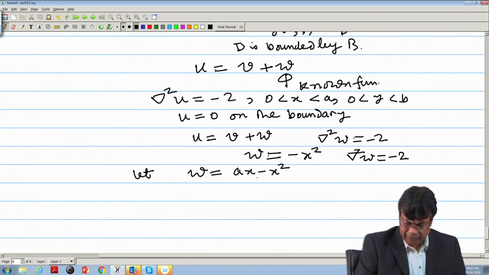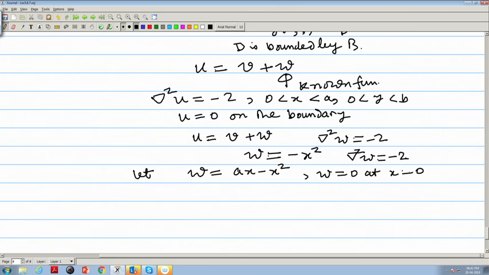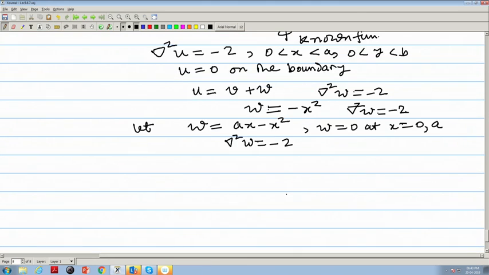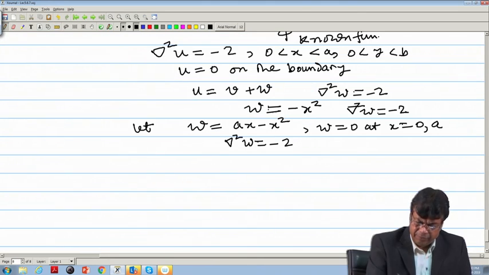But if I now take this one, w equal to 0 at both x equal to 0 as well as x equal to a, and del squared w equal to minus 2. So, both requirements are satisfied. So, I choose w equal to ax minus x squared.